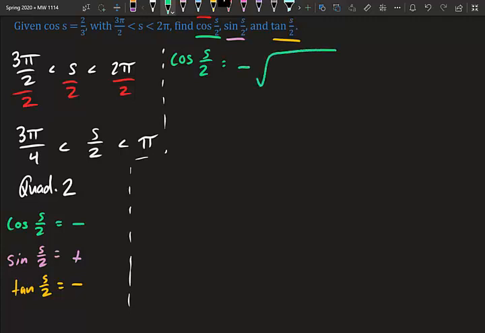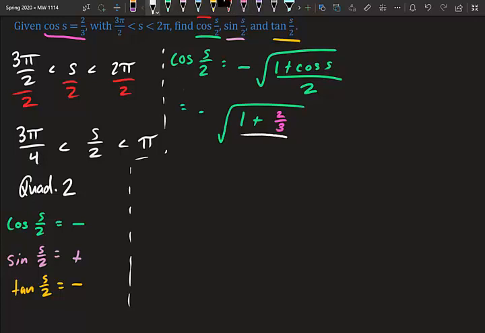And our identity is 1 plus cosine s over 2. We're given cosine as 2/3, so let's go ahead and plug it in. We have negative square root of 1 plus our cosine, which is 2/3, all over 2.